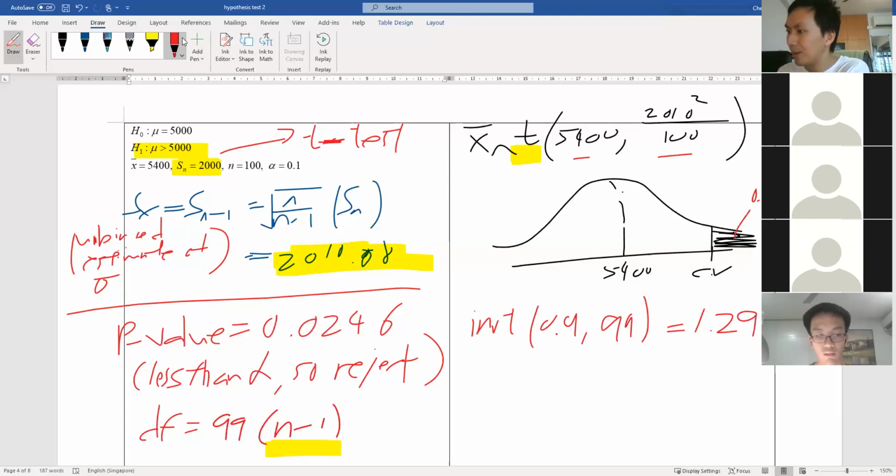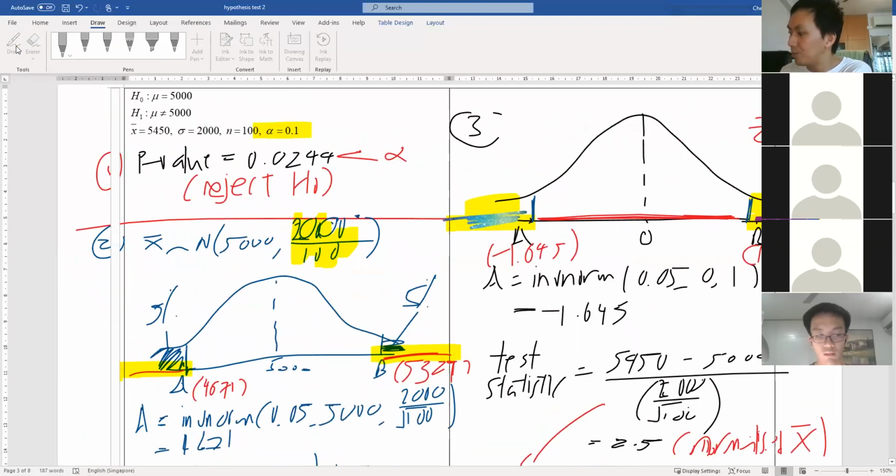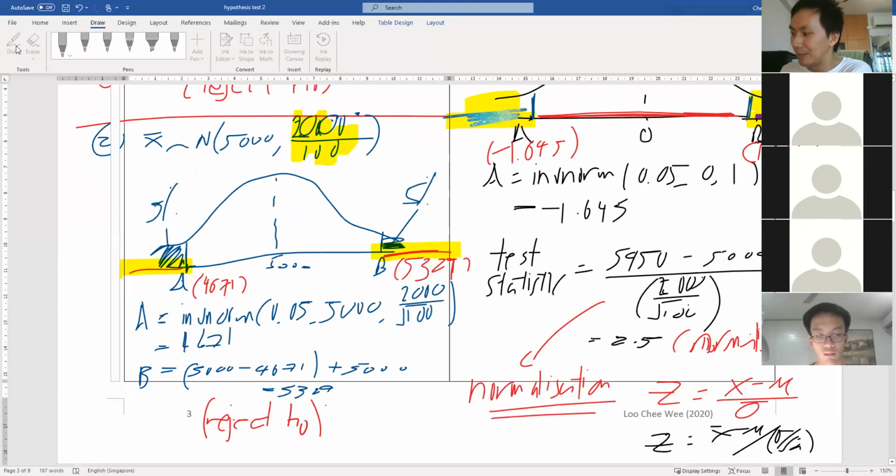This 1.29 is actually the normalized critical value. So you can see that the T curve is a lot less built in compared to the Z curve in the GC's context. If you want to operate on the Z curve, we can do inverse norm, a lot of flexibility in the sigma and the mu, like what you see in the blue curve here.